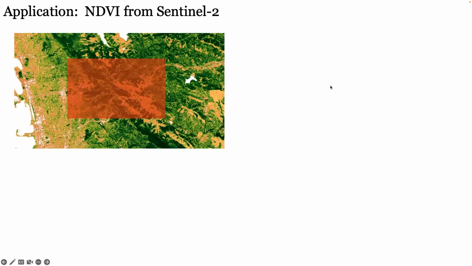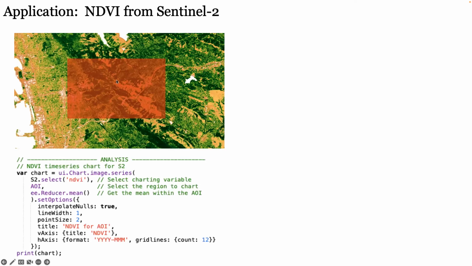And now I think the exciting part is, we want to know the field average NDVI, instead of looking at an entire scene. And here we're just going to generate the zonal statistics within this red polygon. To do this, we can use a charting function. We can specify our data of interest, which is the NDVI. And then we can constrain it with the area of interest and then apply the image reduction strategy.